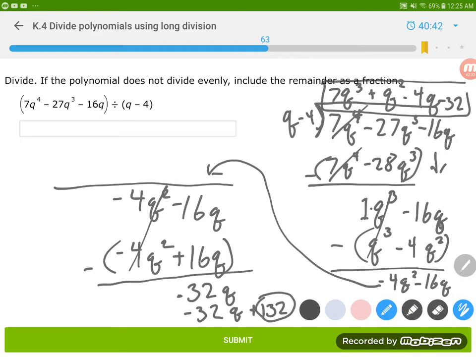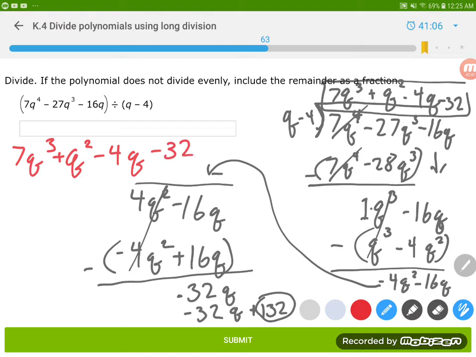So what should our answer look like? It should look like 7q cubed plus q squared minus 4q minus 32.